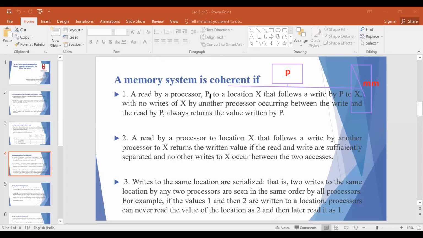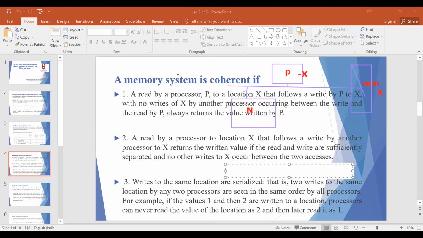Right, and location X. So we have a location X here and a location X here, and we have one more processor, let's say. Let's take N instead of P, okay?